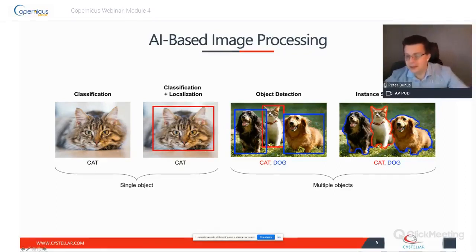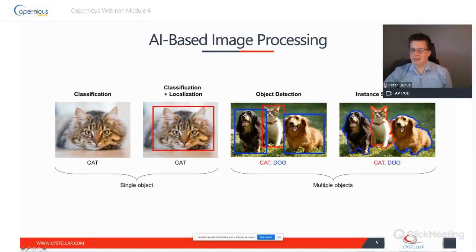Now, things are not that simple, right? Because the world is full of dogs and cats, and there are also other types of animals, we need to detect multiple objects inside a picture. This is the example shown in the third image, where we have cats and dogs, and we are classifying and localizing them.